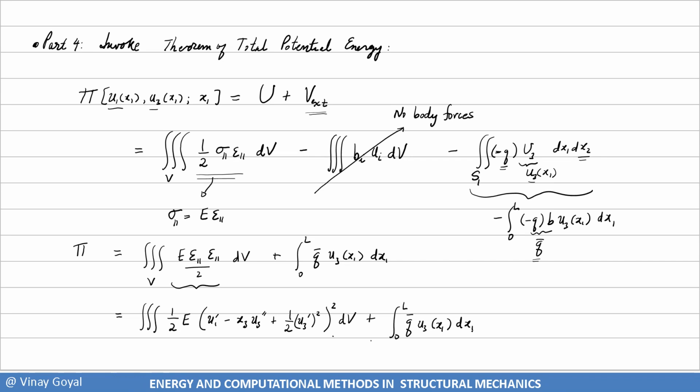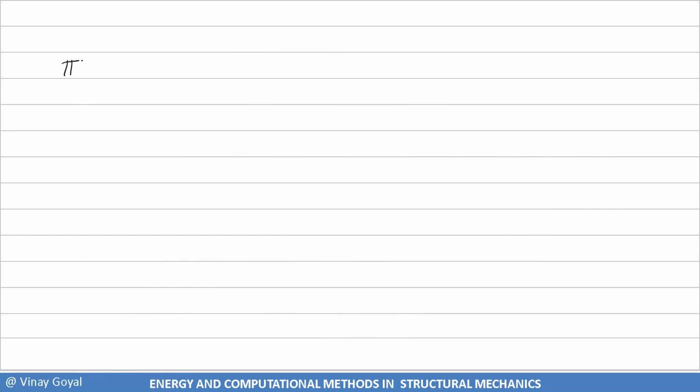Now I can continue to make improvements in what I've done, because I could expand this whole thing. And I should do that next. E, I'm not going to make E vary through a thickness or across the beam, so let's just take it out of the volume. And I get something interesting.